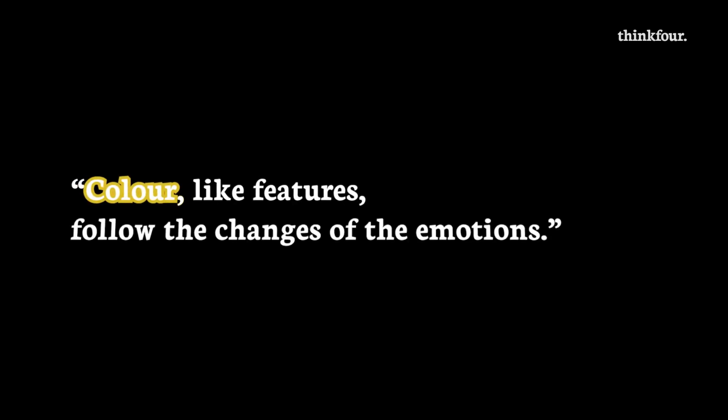I've successfully justified why I personally think Picasso has used colour to contrast and showcase his message behind the painting. Picasso famously said, "Colour, like features, follow the changes of the emotions." And here is a perfect example.